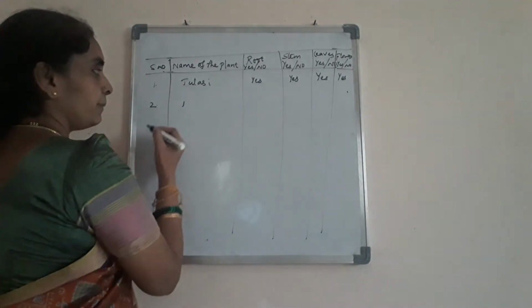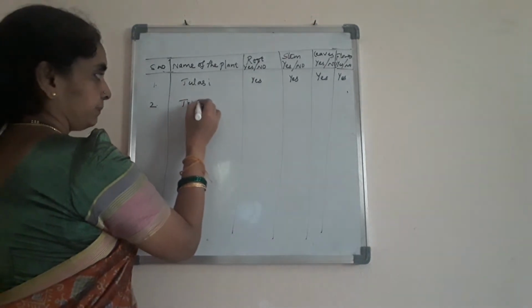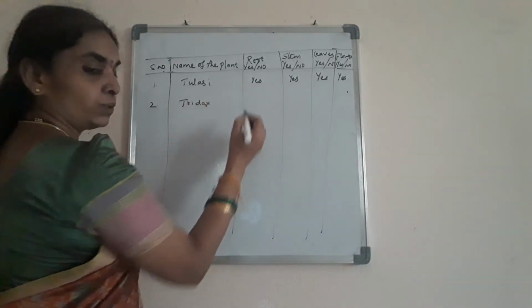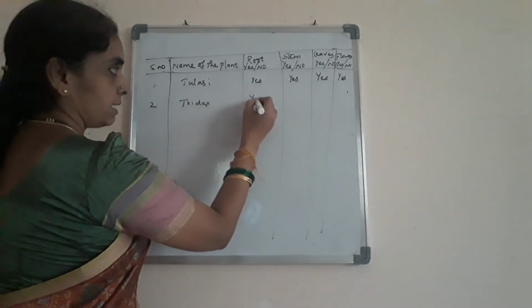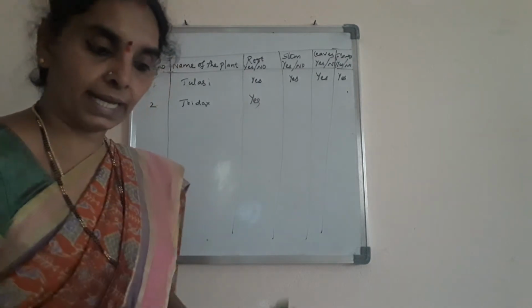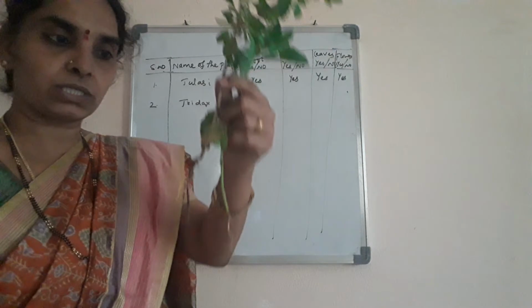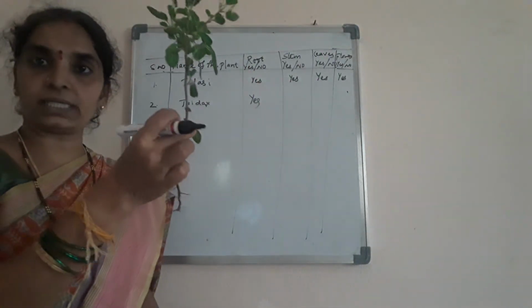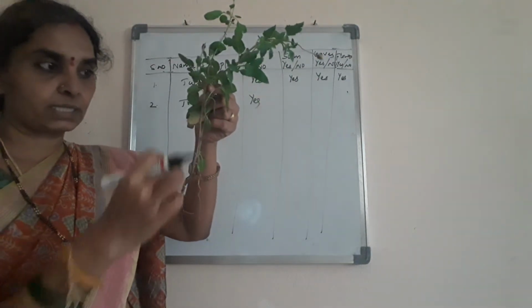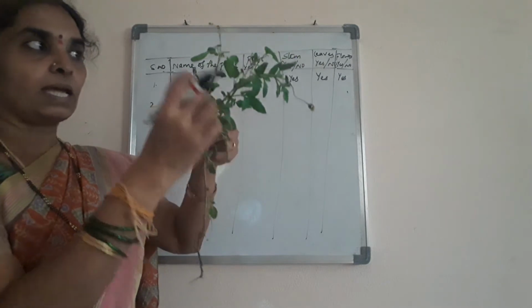Next, if you see the Tridax, whether it contains root? Yes, isn't it? So I have shown you this Tridax plant and tulasi plant. This is a tulasi plant, which contains the root, stem, leaves and the flowers too.